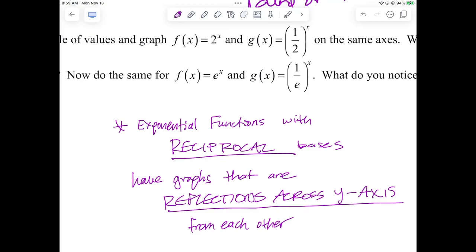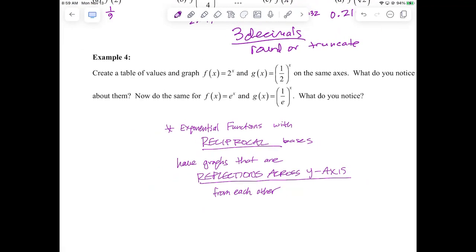There we go. Reciprocal bases are reflections across the y-axis from each other.